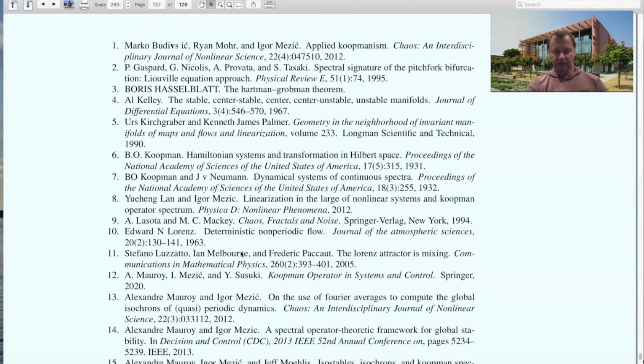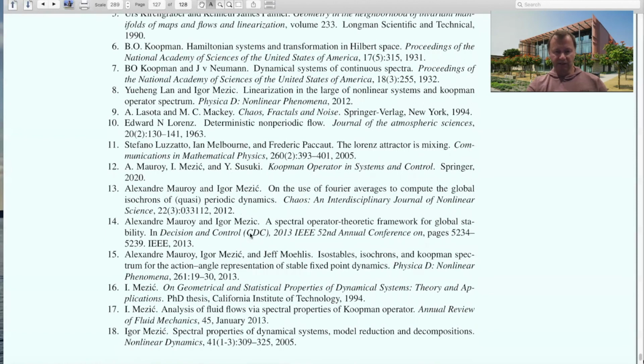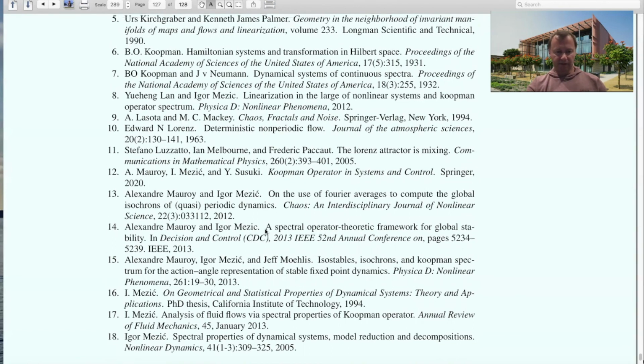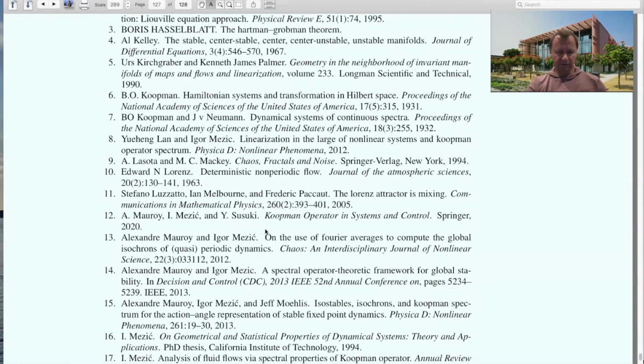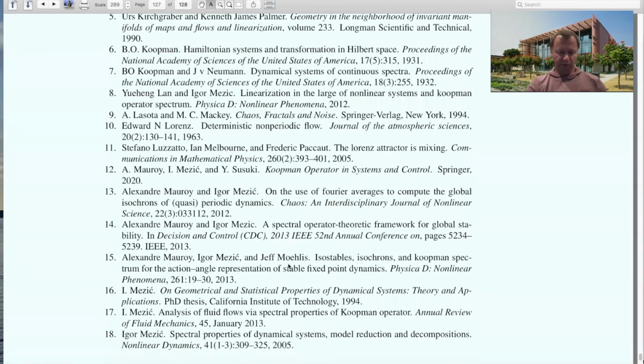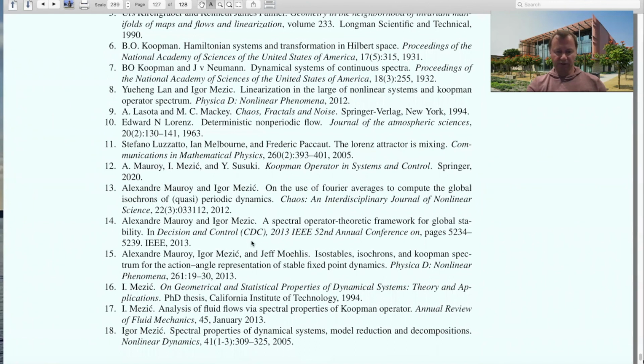So some of the references here, and these global stabilities first appeared in the IEEE CDC conference, then later on in IEEE Transactions. And then, let's see, the paper on isostables is this one.